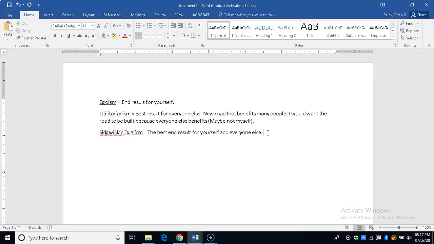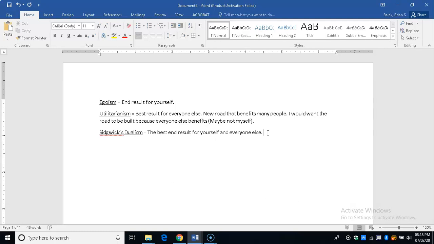So I always try to book a hotel that's close to where the competition is going to be. I try to book a hotel that's close to a lot of nice restaurants and a lot of fun activities that are nearby the hotel. So I'm using a Sidgwick's dualist approach to ethics. So I'm trying to get the best end result for myself and for everyone else.